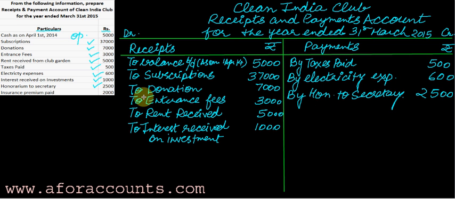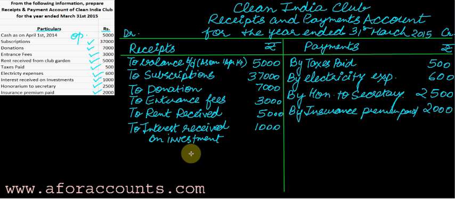Okay, insurance premium paid, so again my expense, by insurance premium paid is 2,000. This is your expense.